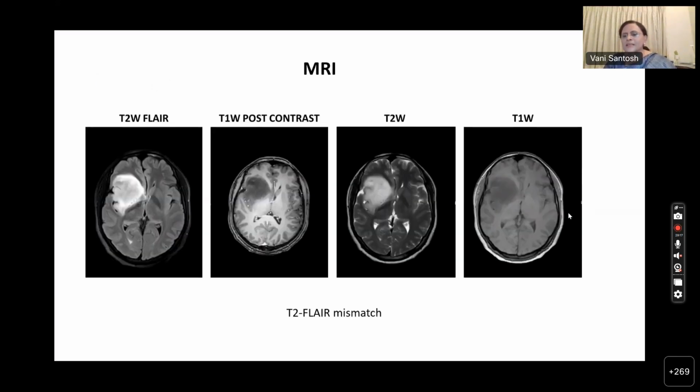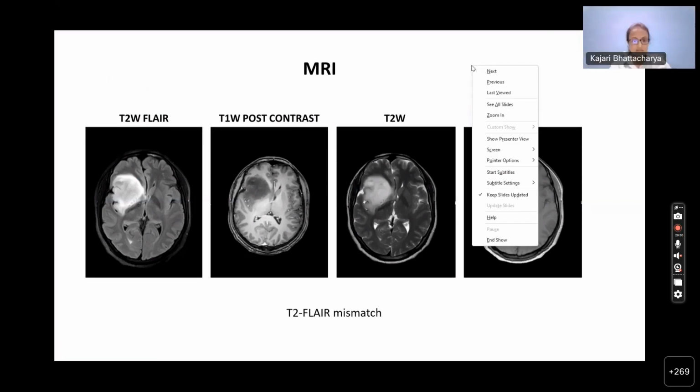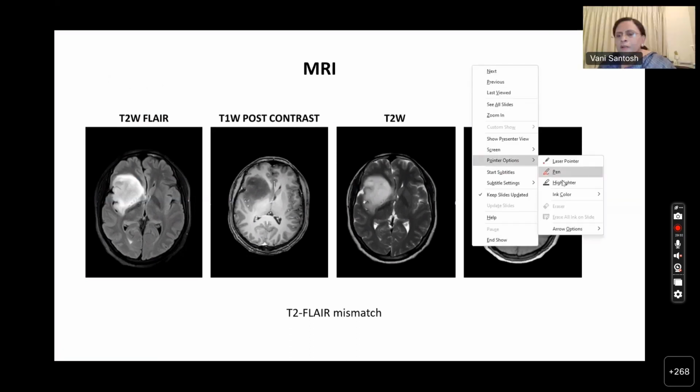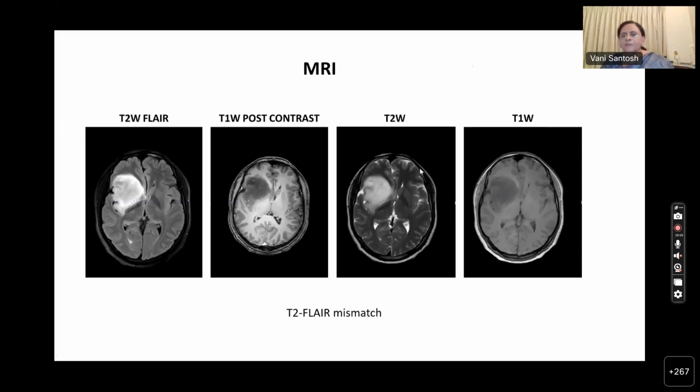Let us look at this image, and can I request Kajri, can you just briefly describe this image to them? Sure, ma'am. So can I annotate actually? Yeah, please. Do you want me to annotate? Yeah, let me just use the pointer option. I'll take the pen. Okay.